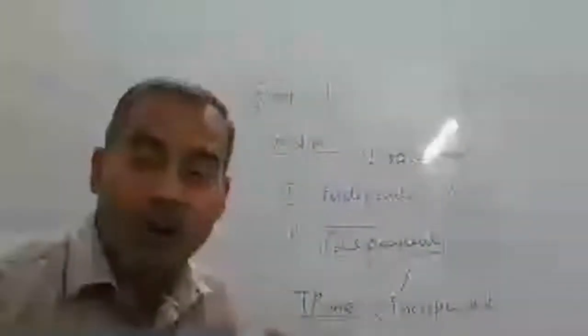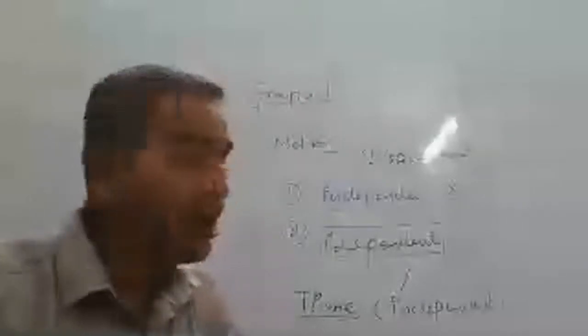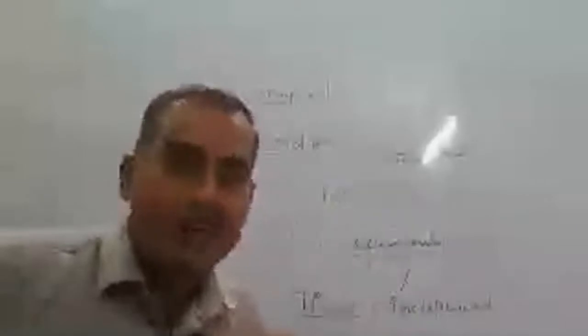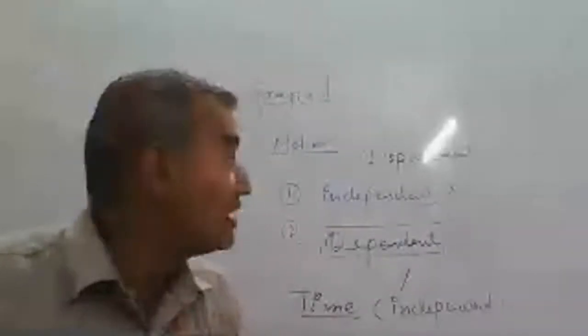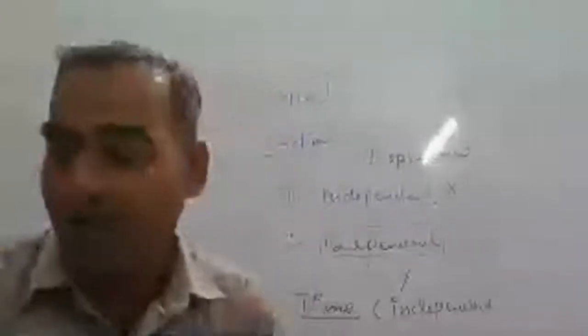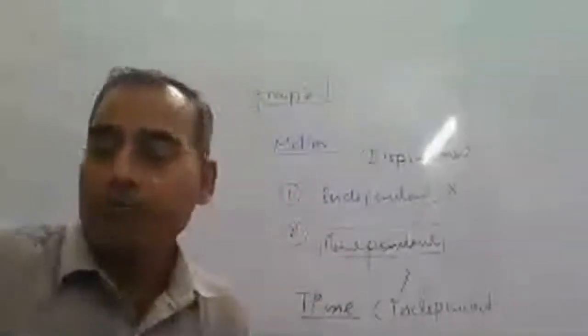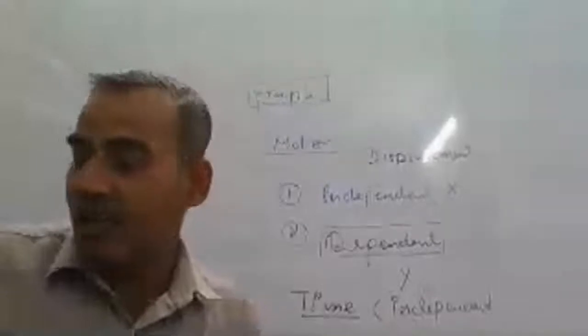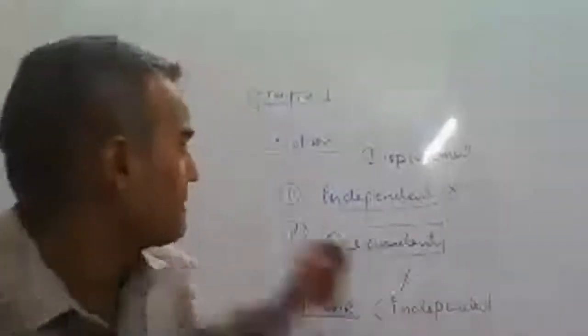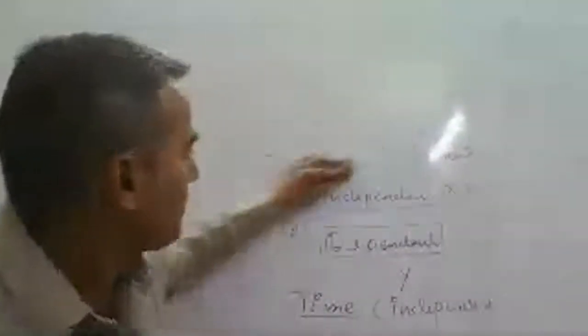All these three quantities are dependent. So we always represent them on the y-axis. So let's see the first graph, the position-time graph of a body.